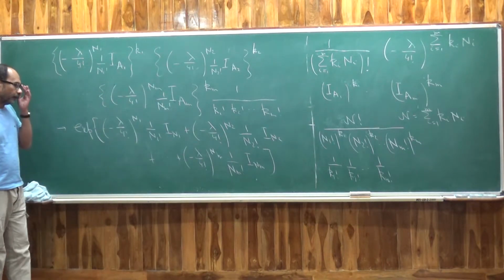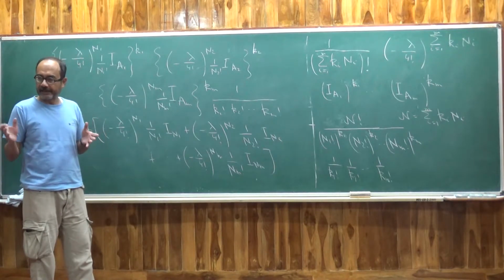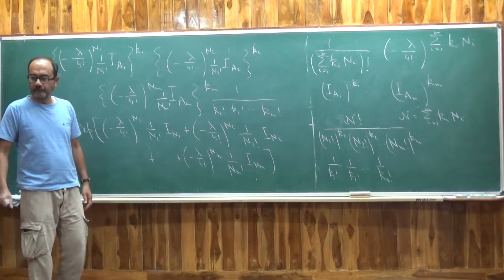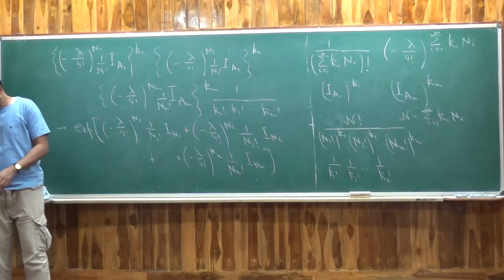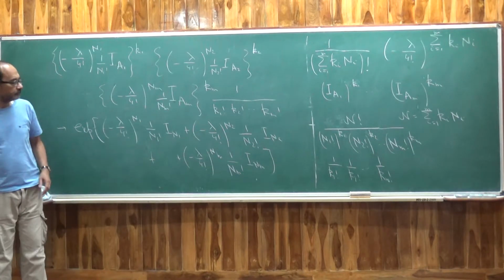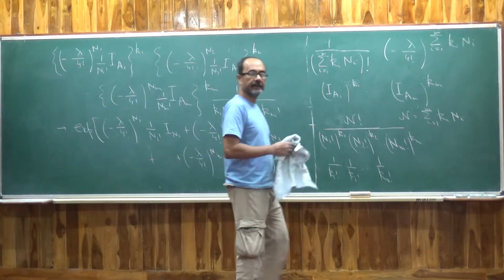So this shows that the combinatorial factors work out correctly, and indeed Z over Z free is given by the exponential of the sum of our connected bubbles. Okay, are there questions?